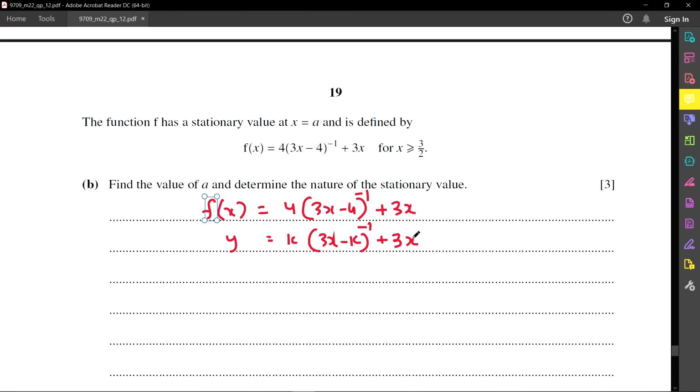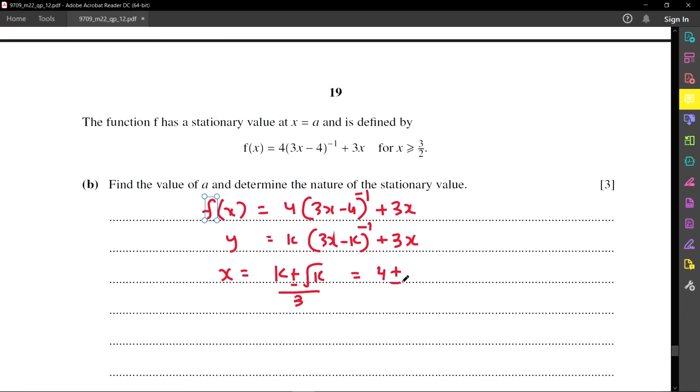Now here k is anyway 4. So since k is 4, we already got what the x values are. The x values are k plus or minus root k by 3. And k is nothing but 4 here.